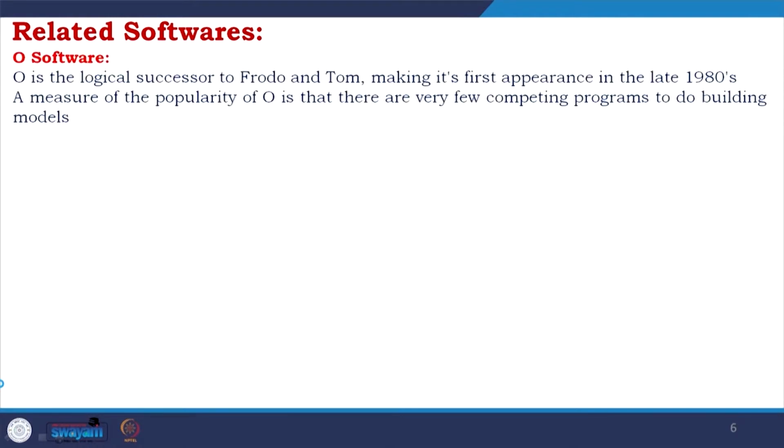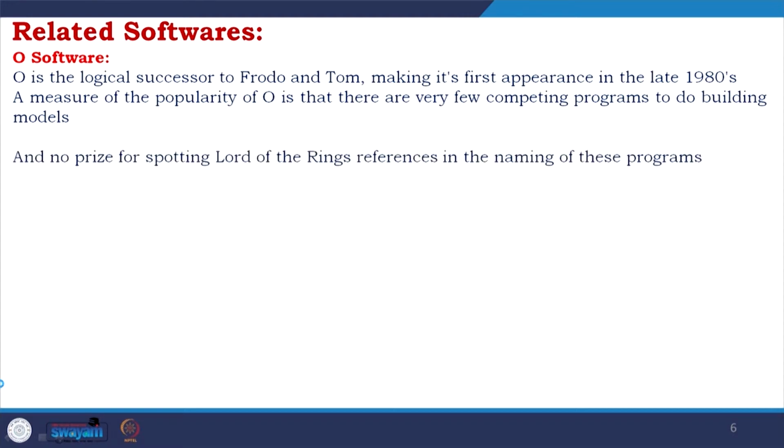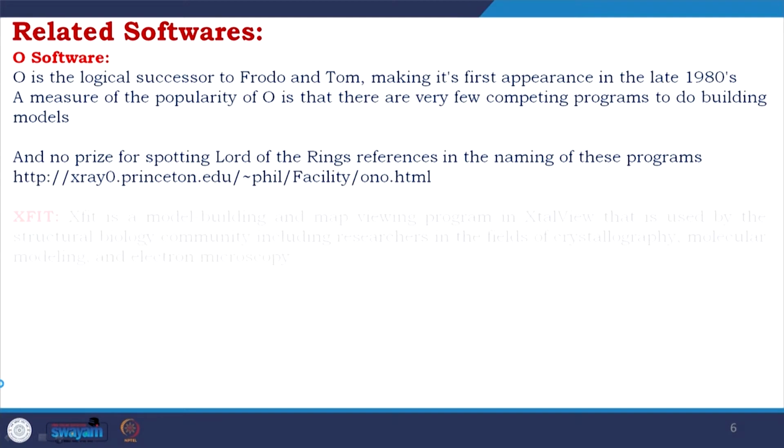Coming to O, O is the logical successor of Frodo and Tom, making its first appearance in the late 1980s. A measure of the popularity of O is that there were very few competing programs for building models at that time, and it is not surprising that Alwyn named it O for his influence of Lord of the Rings, to acknowledge it. You can still get O at this link.